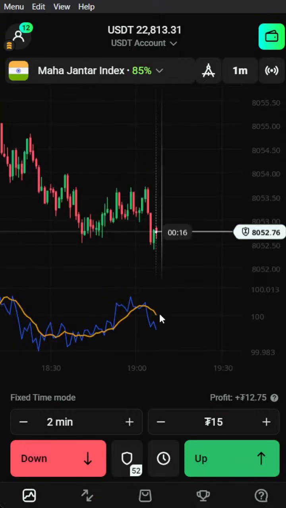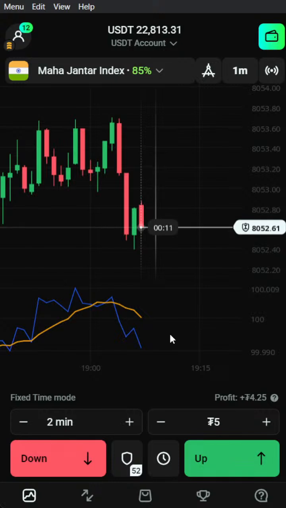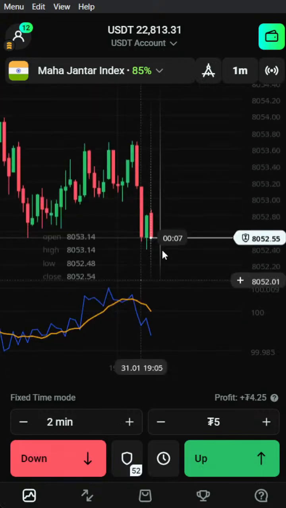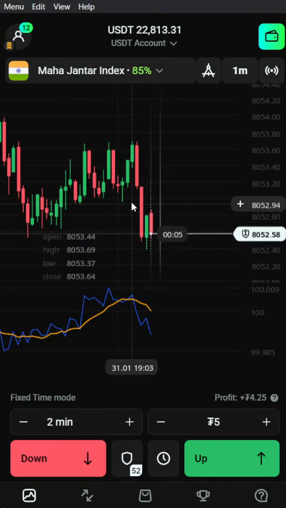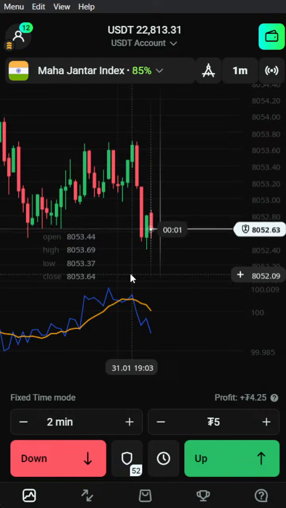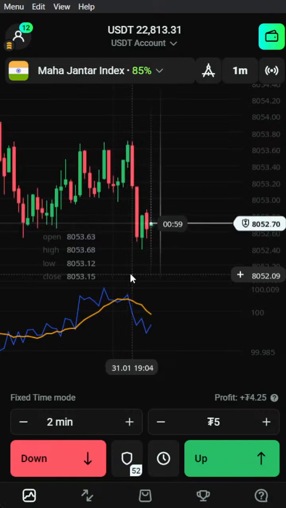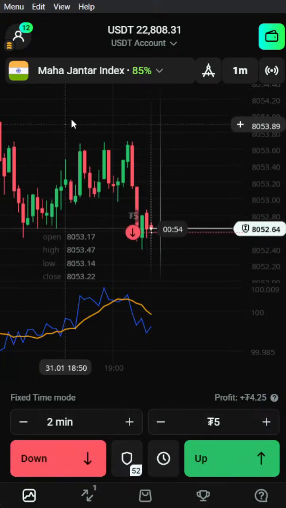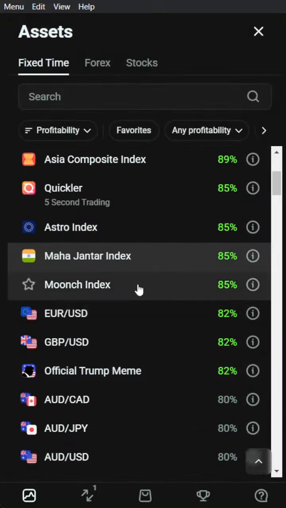Okay, I see a signal coming up in Mahajantar. I would reduce the amount to 5 and then I will make a trade. But again, see, Mahajantar is a very fluctuating asset, which is one green, one red, one green, one red. So I am doubtful, but maybe we can make a trade here. Okay, I have made a trade. Let's see how this one goes.